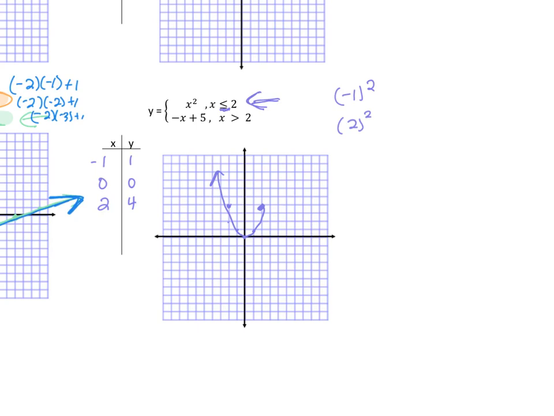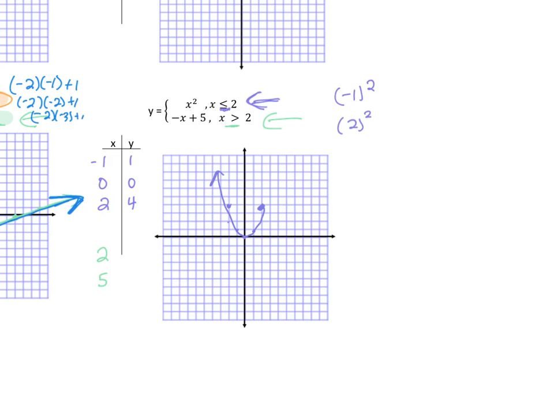Now I want to go ahead and change colors and think about the second part of this graph. I know I'm not going to include the point, but I'm going to draw an open circle wherever this 2 value would be. So I want to plug in 2, and how about if I plug in about 5.